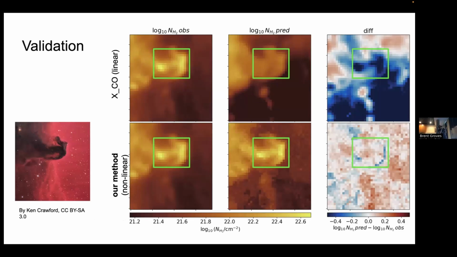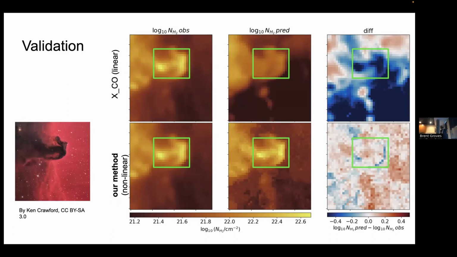So what you see here is the H2 column density observed, with observing dust extinction and mapping it to H2 column density, then the predicted one and the difference. For the linear method that has been used widely, XCO, and in the bottom, our non-linear method, our new method.